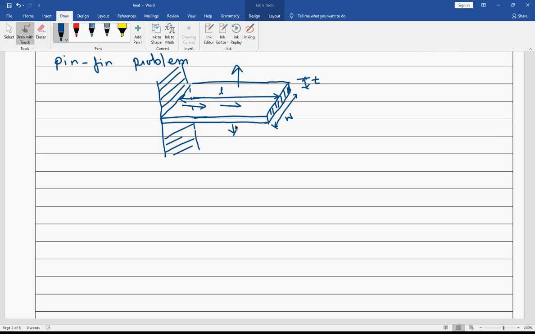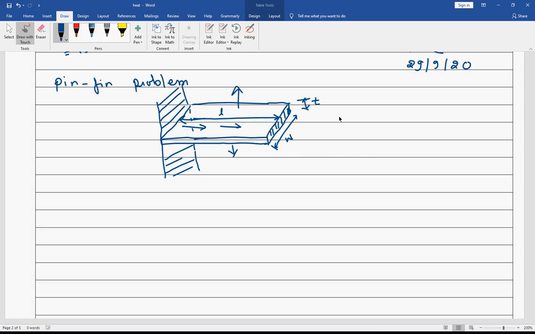Okay, so in case I can convert this as a one-dimensional problem like this. So this is my length of the fin, and my Q is going in this direction. So this is how the one-dimensional fin is there, as the cross section is remaining same.